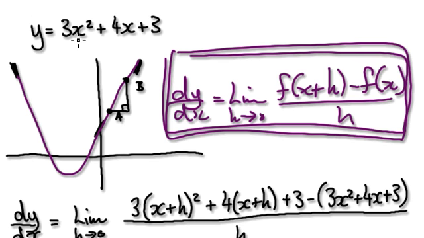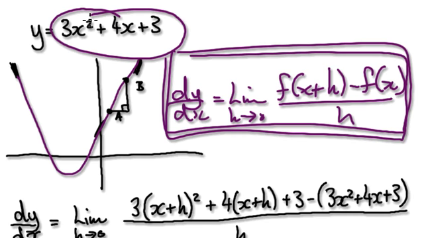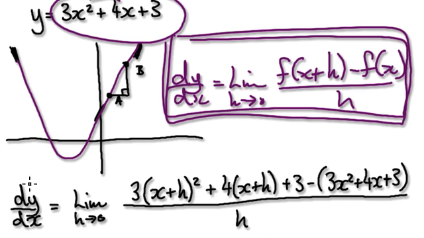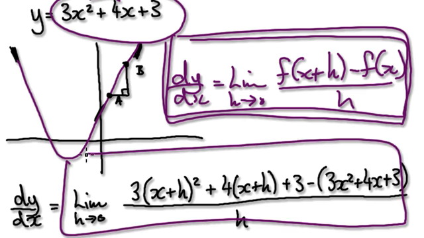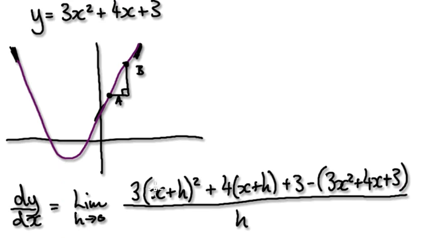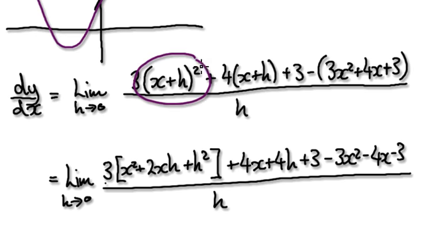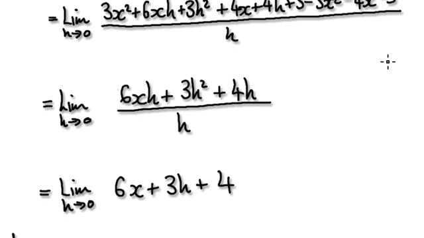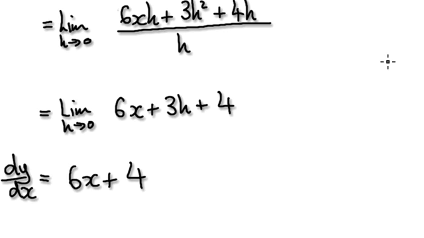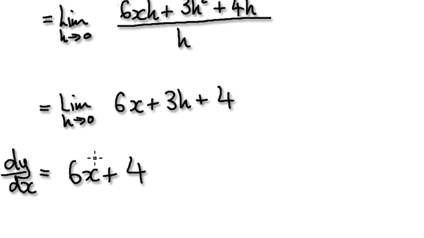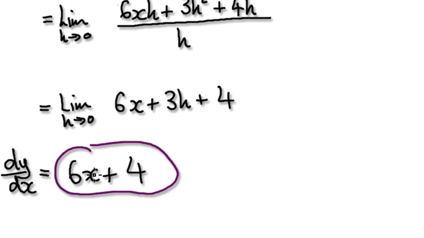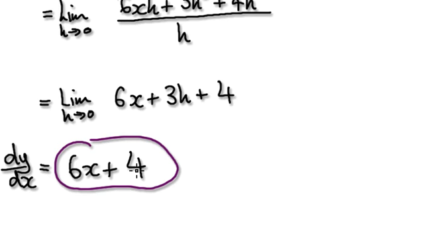So in the past, for us to work out dy by dx of this, we would have to jump to this whole thing, and then multiply everything out. So square this and so on, and then do this minus this minus this, and so on. We had to follow through all the way down here, and we would get to dy by dx equals 6x plus 4.